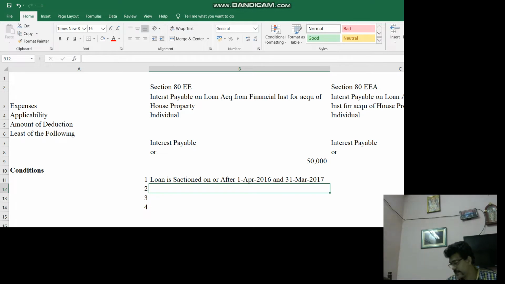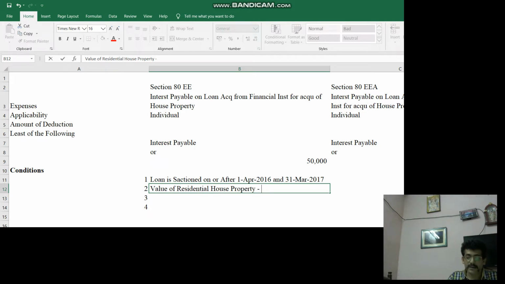The second condition here we are focusing on is nothing but the value of residential house property. So the act says that depends upon the value of your residential house property also. We need to decide whether you are going under section 80EE or under section 80EEA. So now let us see what is the amount of house property.